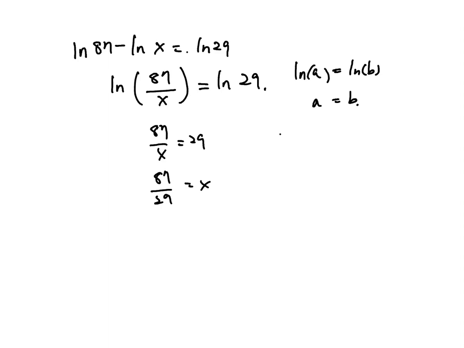And I'm not quite sure what the answer for that one is. So let's see what the calculator says. Did they give us anything nicer? 87 divided by 29. You get 3.